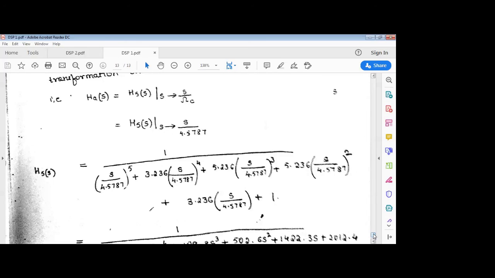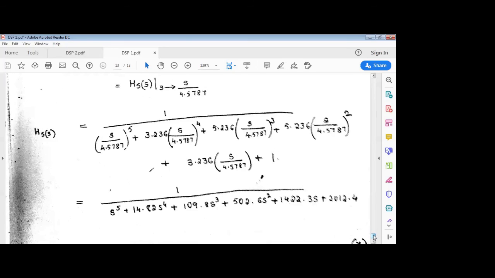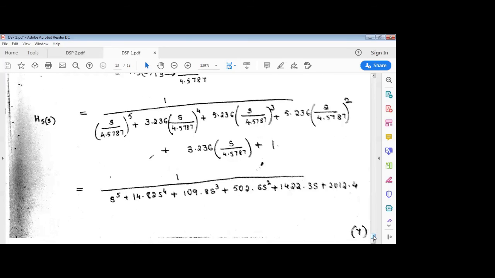After replacing it, the final value we get is the analog low pass filter transfer function with an order of 5, that is 1 over S to the power of 5 plus 14.8 S to the power of 4, then the remaining terms, 109.8 S cube plus 502.6 S square plus 1423 S plus 2012.4, which is the transfer function we get after calculating.